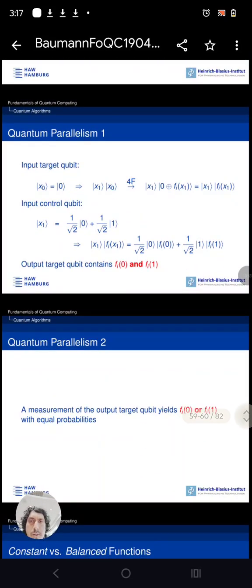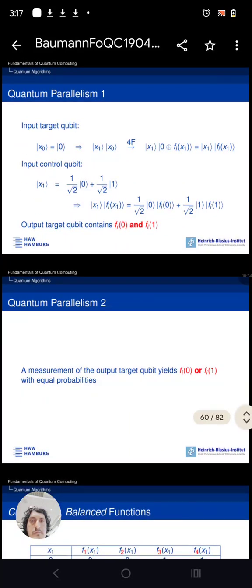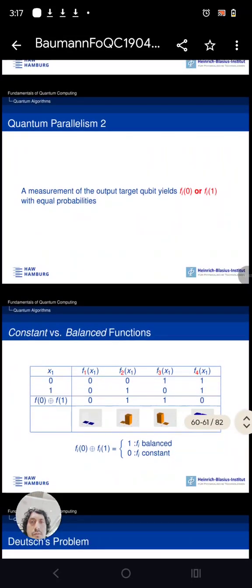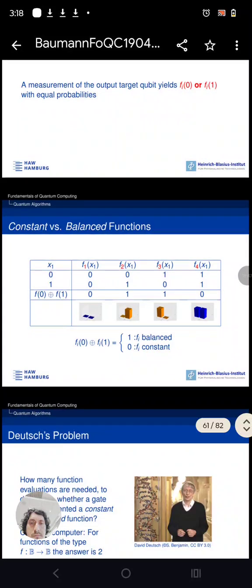X0 is 0 implies X1, X0, Uf. X1 0 tensor product gives X1 f(X1). So a measurement of the output target qubit yields f(0) or f(1). So f(0) tensor product f(1) equals 1 if f is balanced, 0 if f is constant.